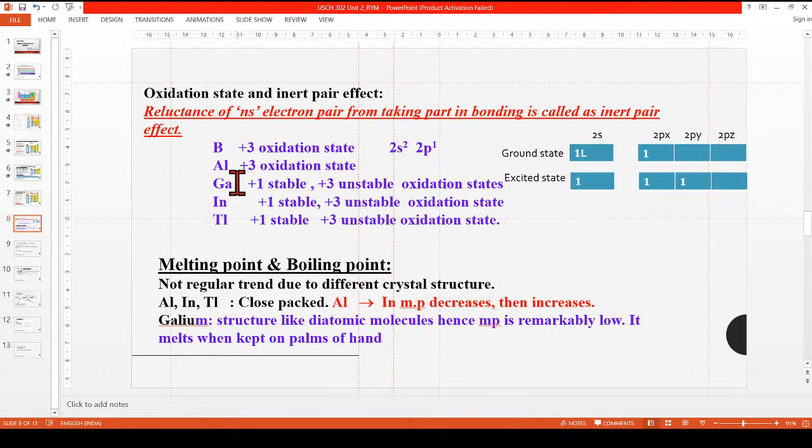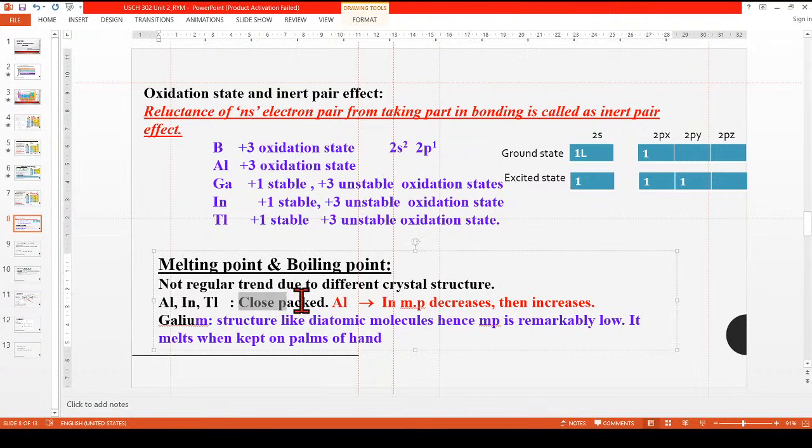Out of these, indium, aluminum and thallium form close packed structures, whereas gallium only forms a structure like diatomic molecules.